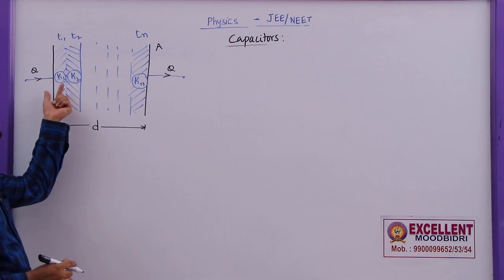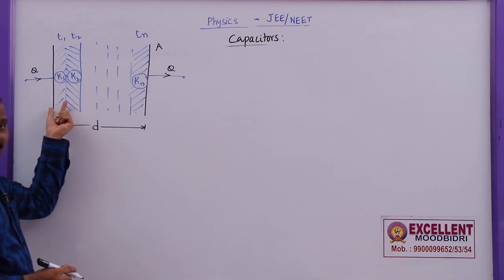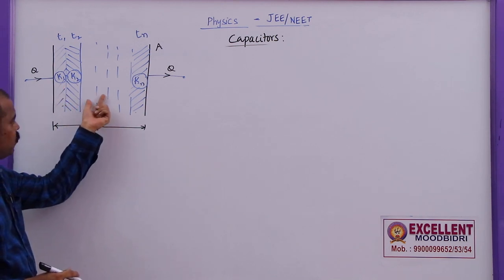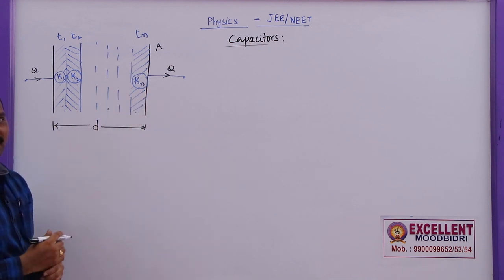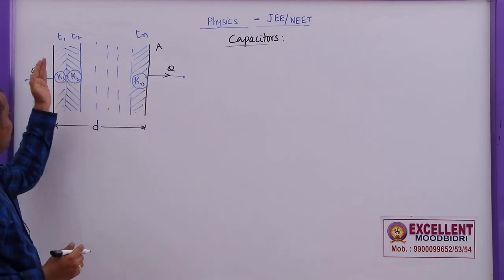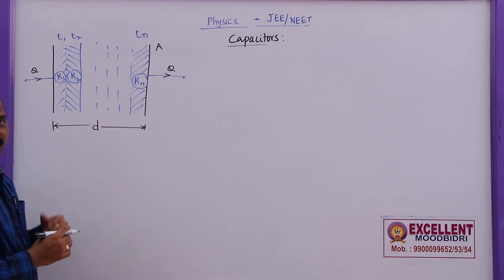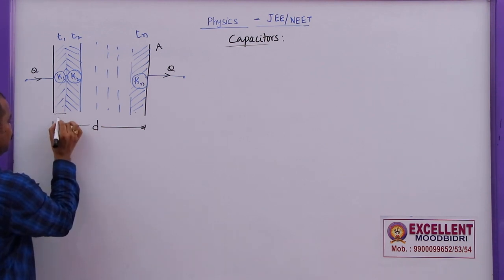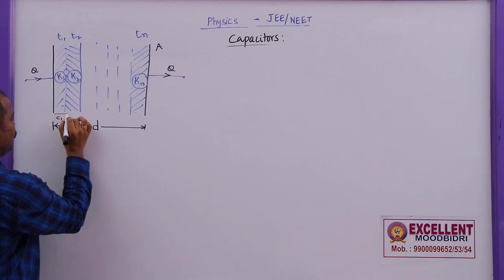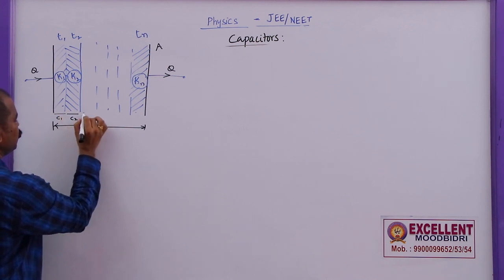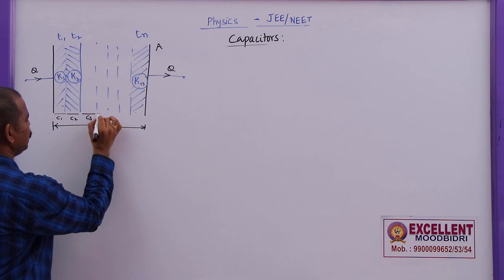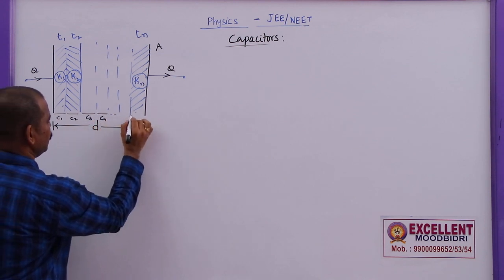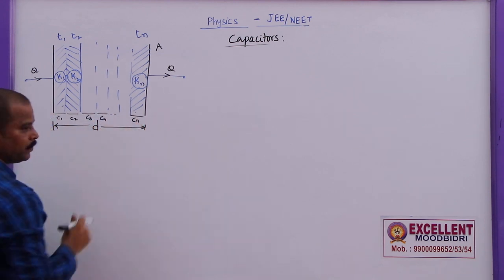The same amount of charge is going to pass through the first slab, second slab, third slab, fourth slab and so on, nth slab. So, while going from this end to this end, we can assume that this is the first capacitor, C1, and this will be C2, this will be C3, this will be C4 and so on, this will be Cn.